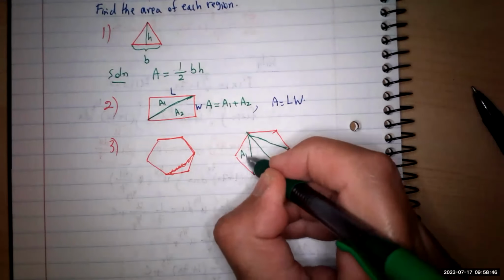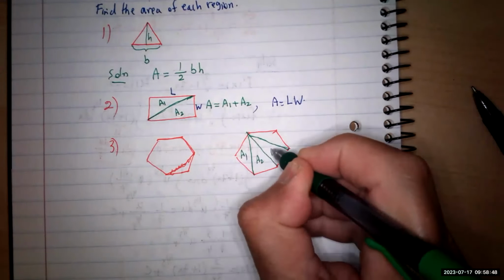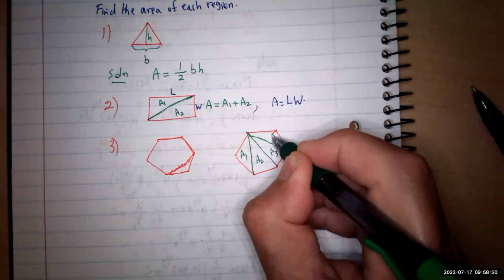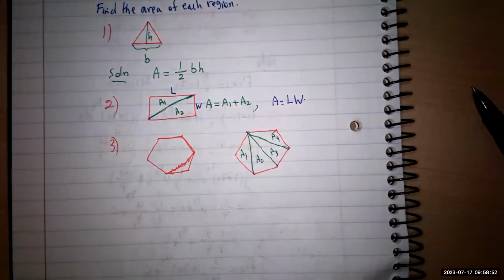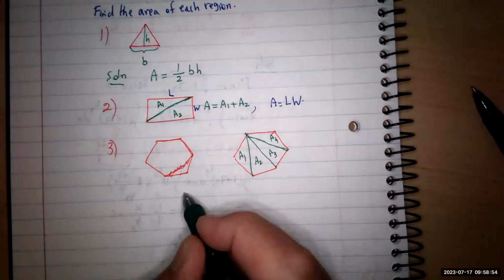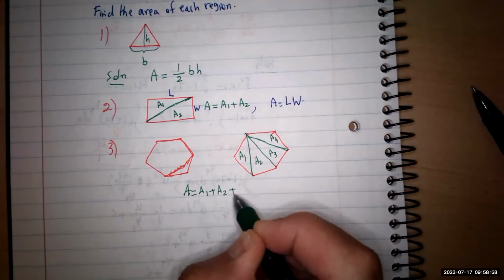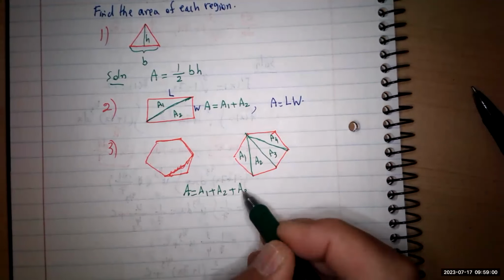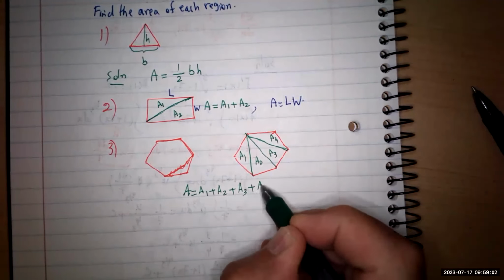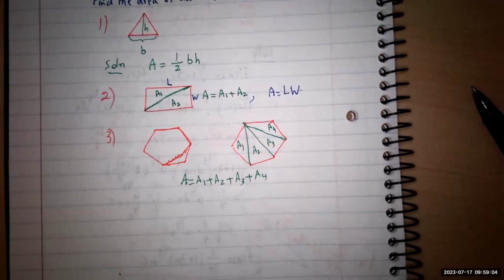You see A1, A2, A3, and A4. Now I can add them together, so that gives me A1 plus A2 plus A3 plus A4. We know that there is a formula for it that we don't care about. That idea is giving us a number. It's a very, very important one, just to partition it into different parts.